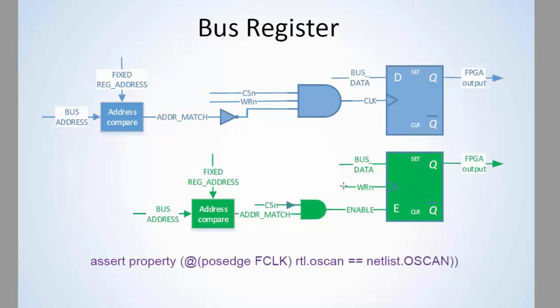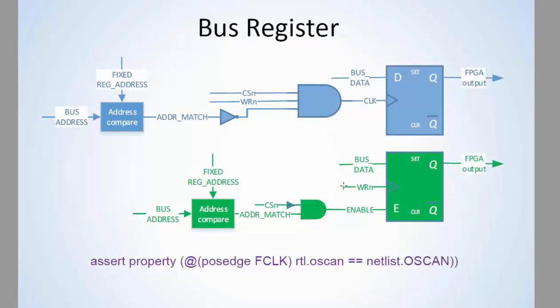Here's a typical example of what caused our problem. In the blue above, we have the original implementation of bus registers. These are registers that are written from a CPU bus and then used internally in the FPGA or sent elsewhere. So coming in from the left-hand side on the top blue, you've got the bus address coming from the CPU, compared to a fixed register address.